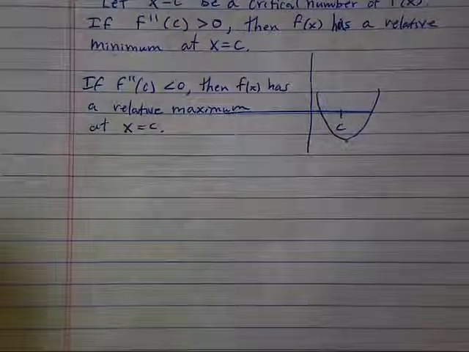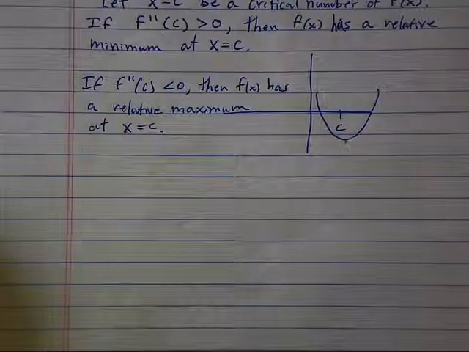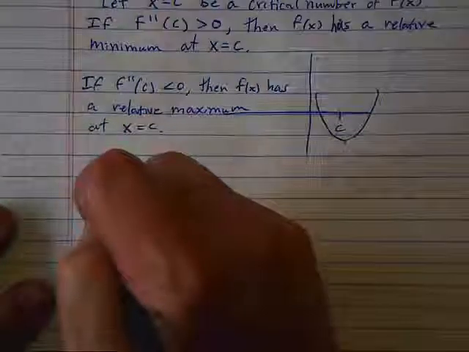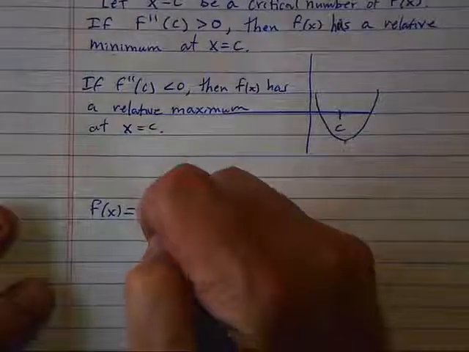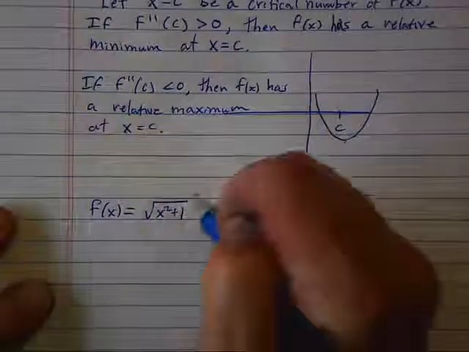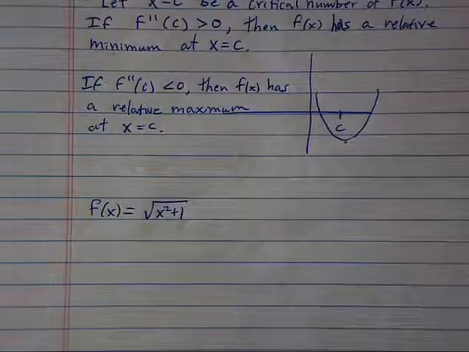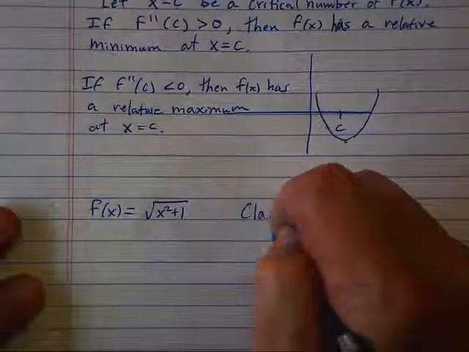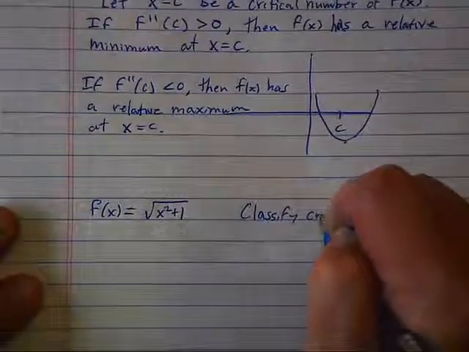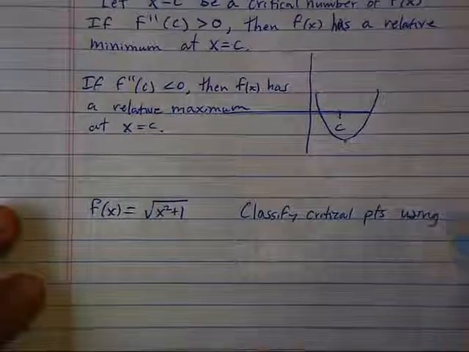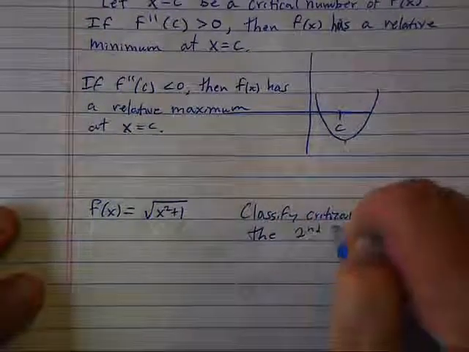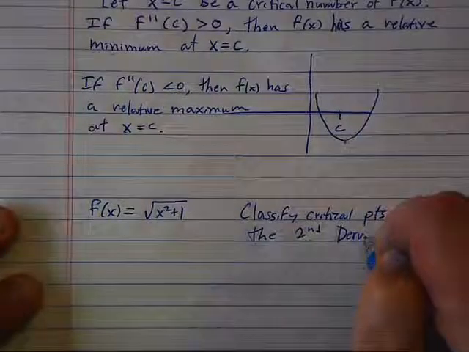All right. Let's see here. F of x equals the square root of x squared plus 1. The directions are classify critical points using the second derivative test.